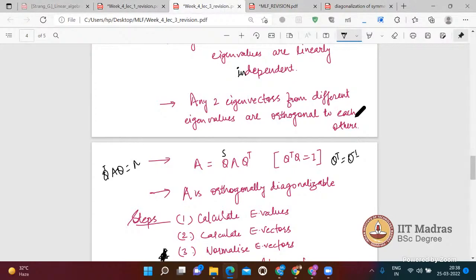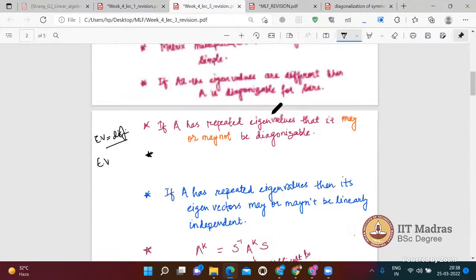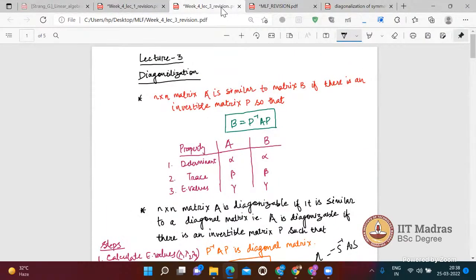So we are doing diagonalization to make the calculation easy. SVD also serves the same purpose, right? For any M cross N matrix. Yes, SVD also helps in that. So for an N cross N matrix, we do diagonalization, and for an M cross N matrix, we use SVD.